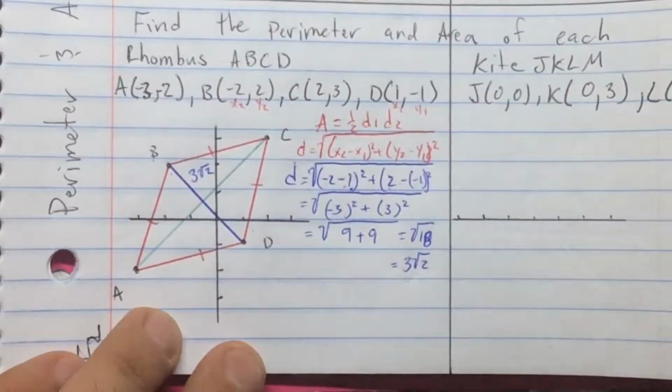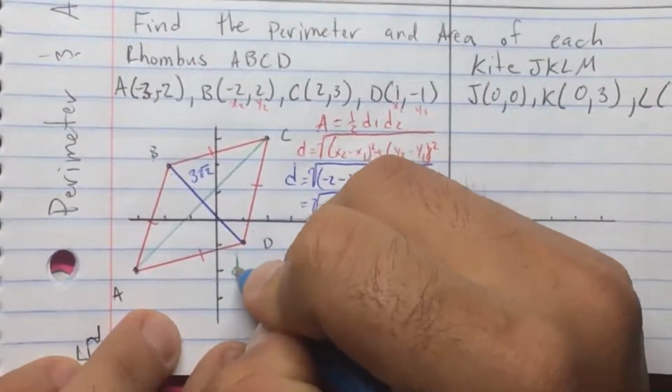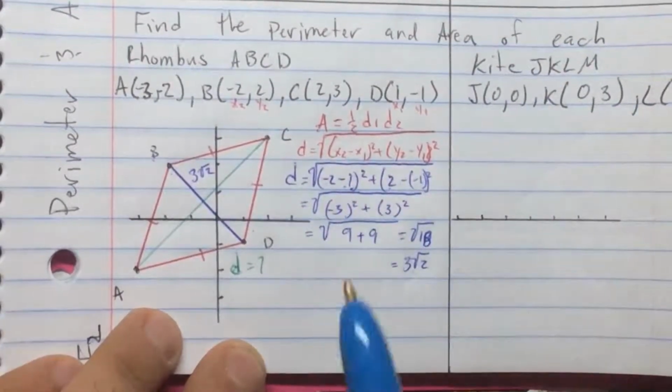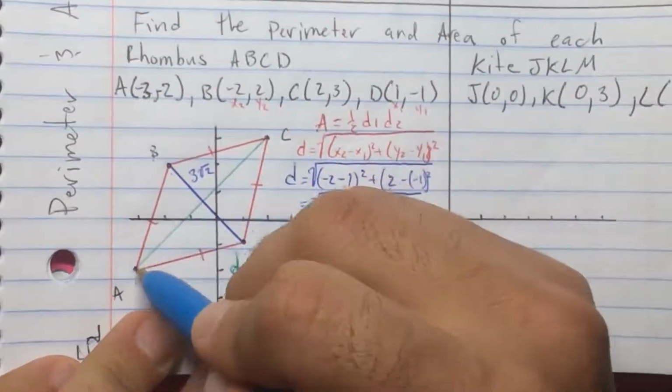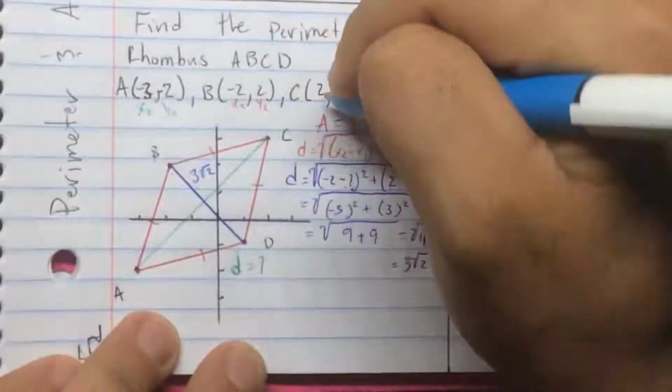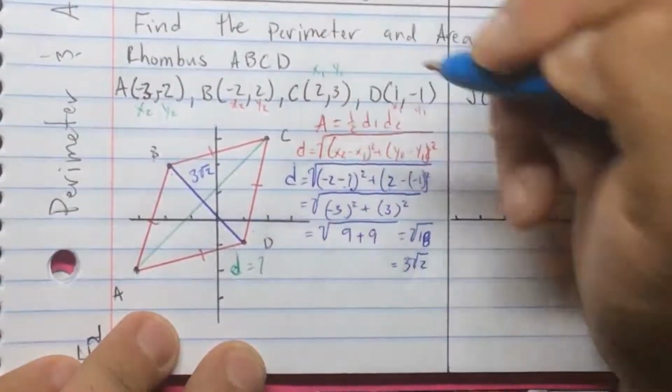Perfect. Now we're going to find the distance for the next one. We have to assign our variables, right? For this one, we have A and C. I'm going to use A as our x2 and y2, and C is our x1, y1.